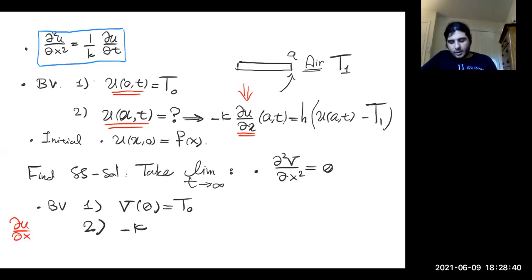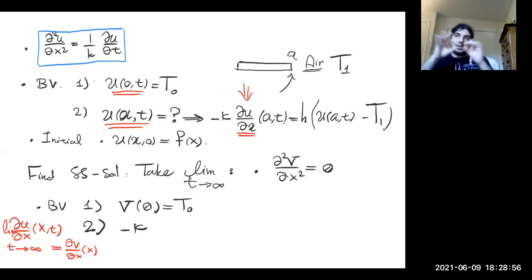What we saw is that at any point x and t, if we take the limit of the derivative of u with respect to x and send t to infinity, it becomes equal to the derivative of v with respect to x at that point, right? It implies here, if you take the limit of this equation from both sides, and send t to infinity, this derivative becomes the derivative of v with respect to x at that point, which is a.